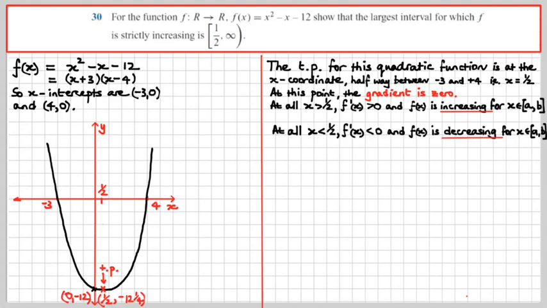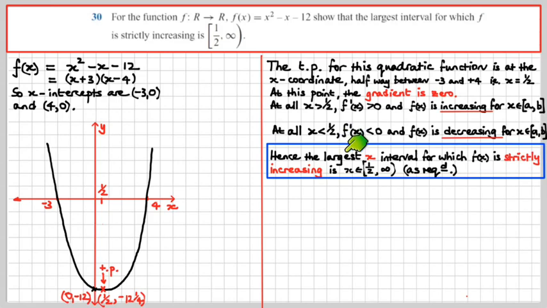So what did I say there? At all x less than a half, that means over this way, we've got f dashed x less than 0 and the function is decreasing. I don't mean strictly, I just mean it's decreasing, it's going down, right? This is increasing, not strictly increasing, it just means increasing, going up, yeah? This is decreasing, going down.